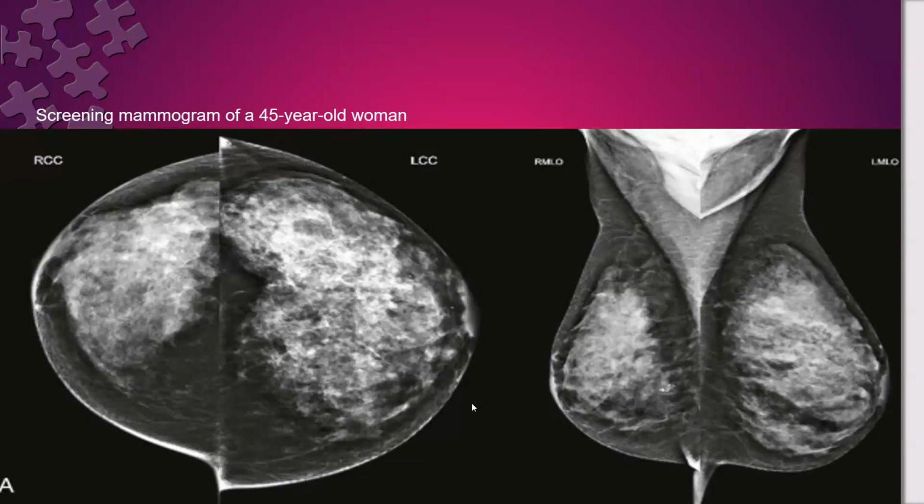Retracted nipple. There is an area of architectural distortion. Where? At the right upper quadrant of the right breast. Excellent. Well done, Suhair. Where there is an area of architectural distortion in the right outer breast.